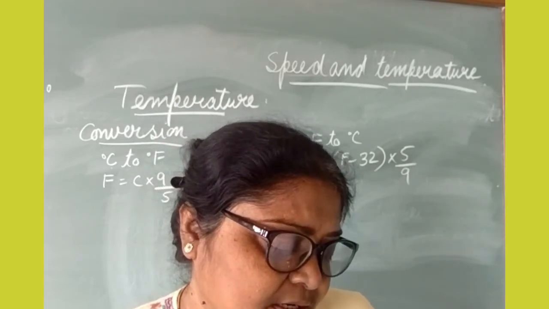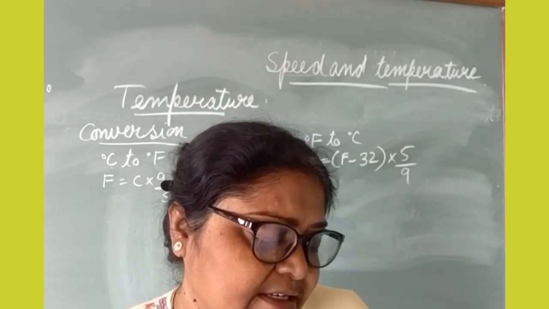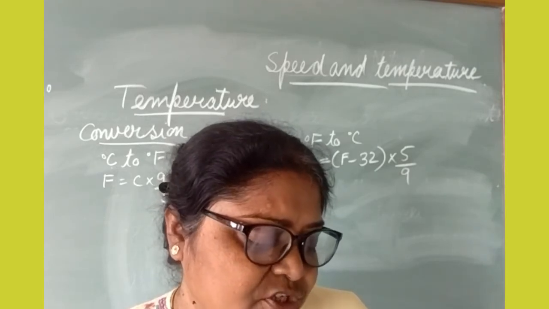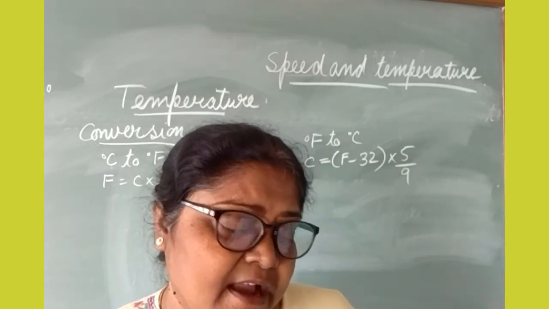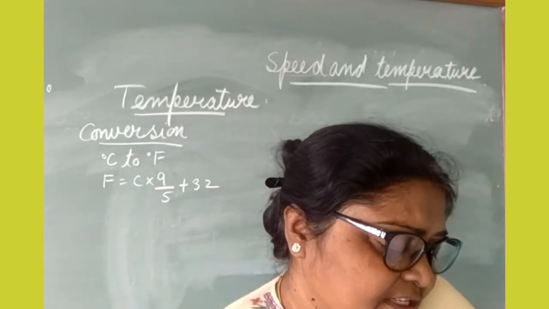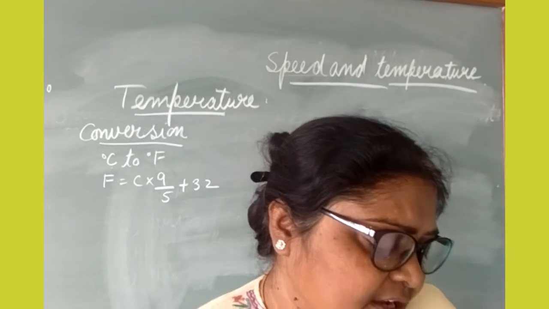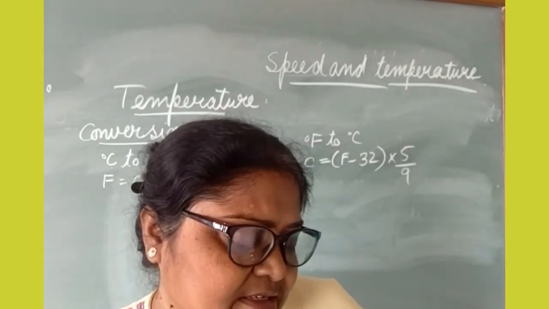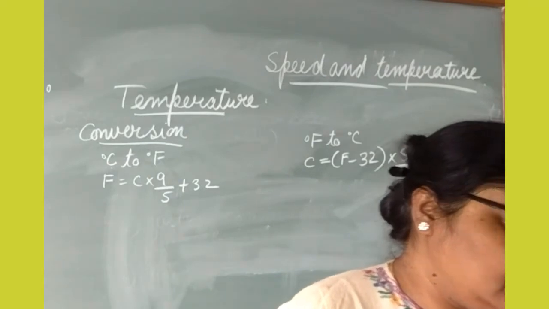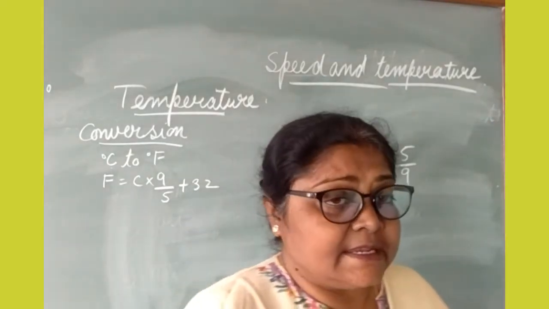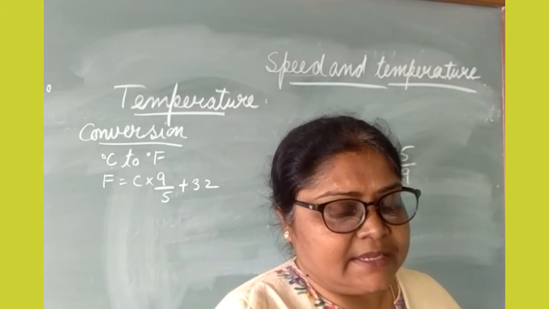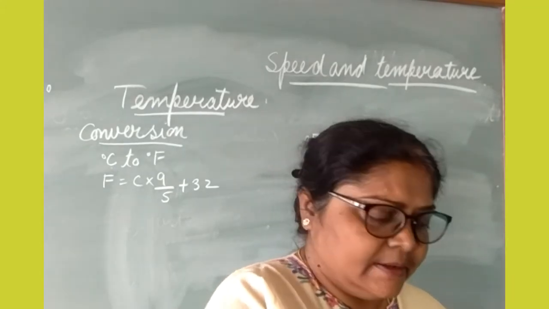Beach weather: Fahrenheit 86, centigrade 30. Room temperature: Fahrenheit 69.8, centigrade 21. Freezing point of water: Fahrenheit 32, centigrade 0. Very cold day: Fahrenheit 0.4, centigrade minus 18.